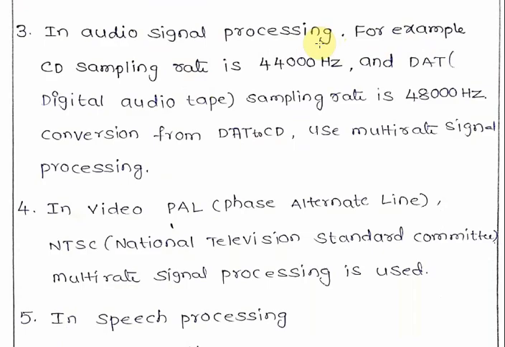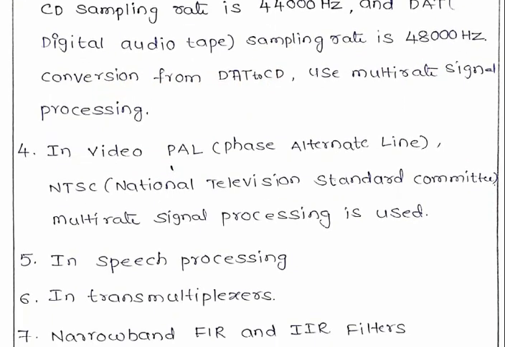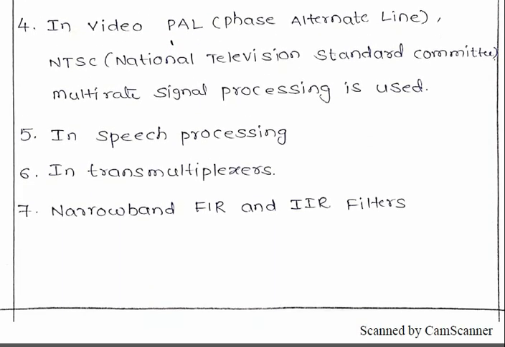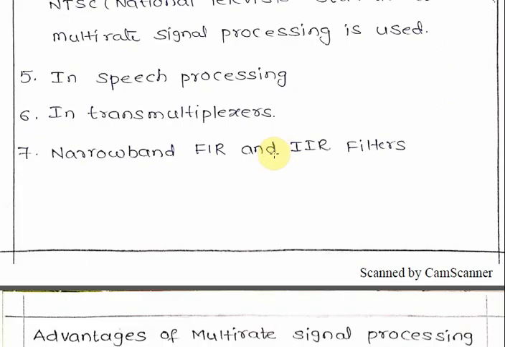CD sampling rate is 44,100 Hz, and digital audio tape sampling rate is 48,000 Hz. When we need to convert digital audio tape to compact disc, we need to use multi-rate signal processing techniques. In video signal processing, speech signal processing, trans multiplexers, and in FIR and IIR filters, we need to use multi-rate signal processing.